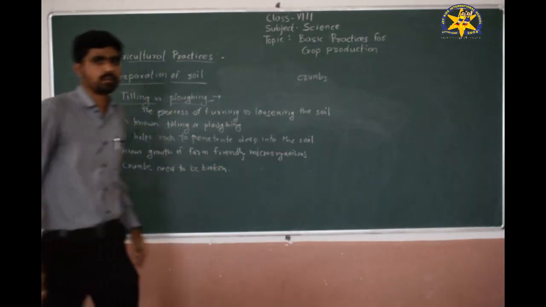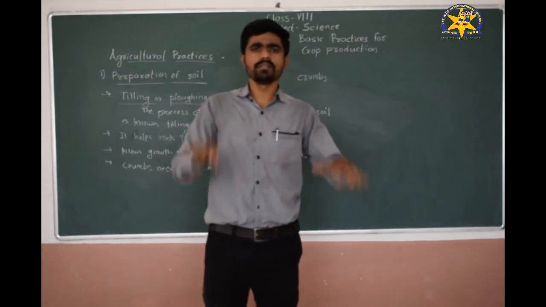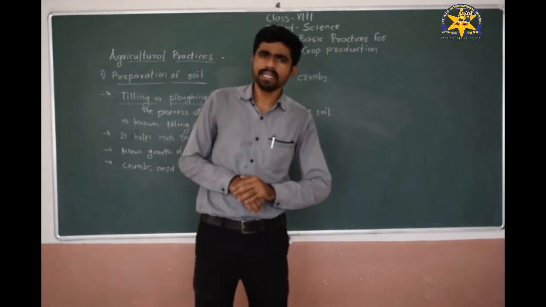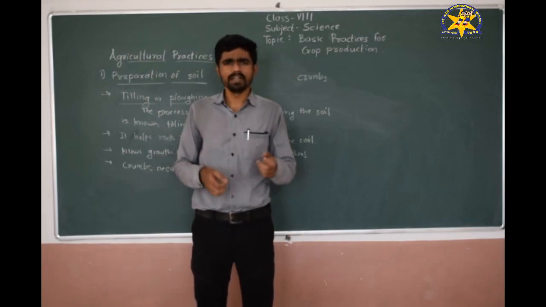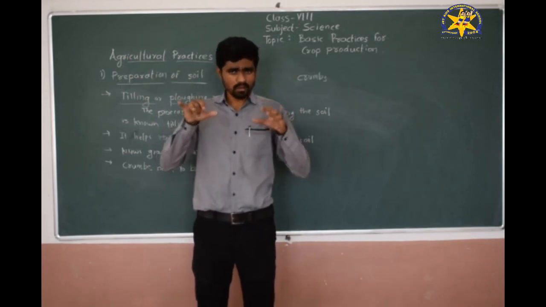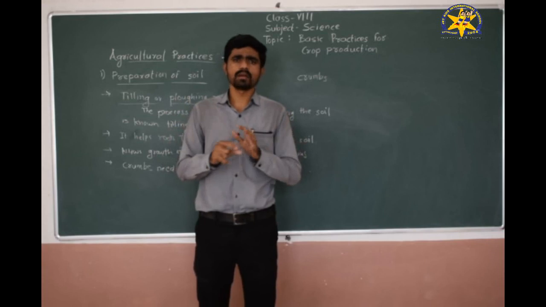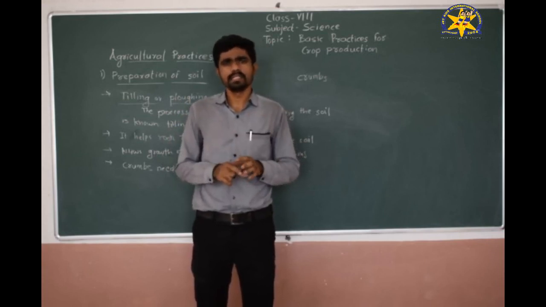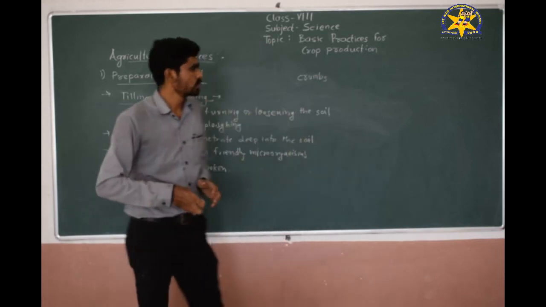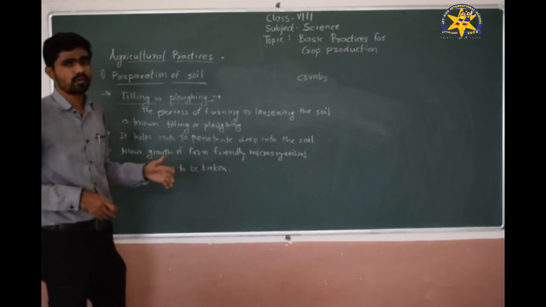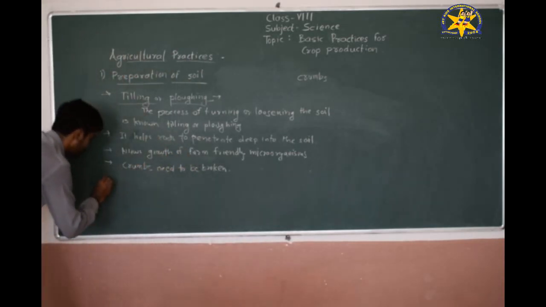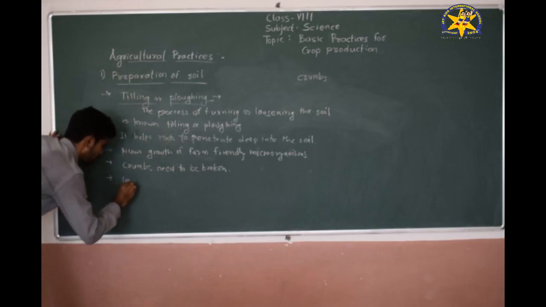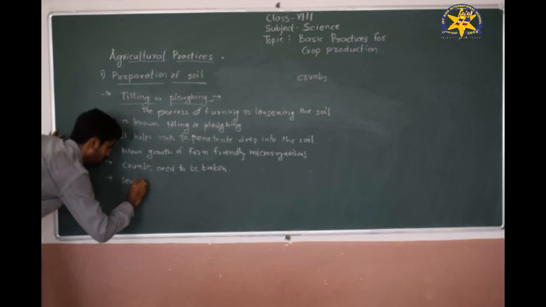Then when the crumbs are broken, the land should not be uneven. On uneven land, it is very hard to drive a tractor or a cultivator, or for the pair of oxen and the farmer if they are sowing the seed, it is difficult for them also. So for the easy process of sowing, we need to level the soil.